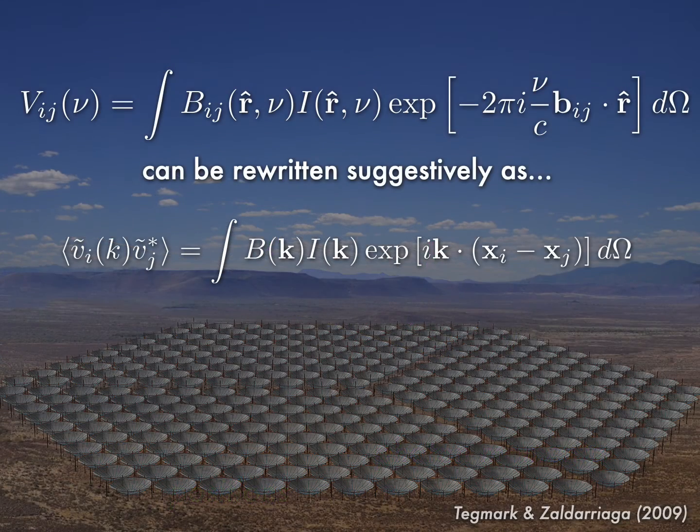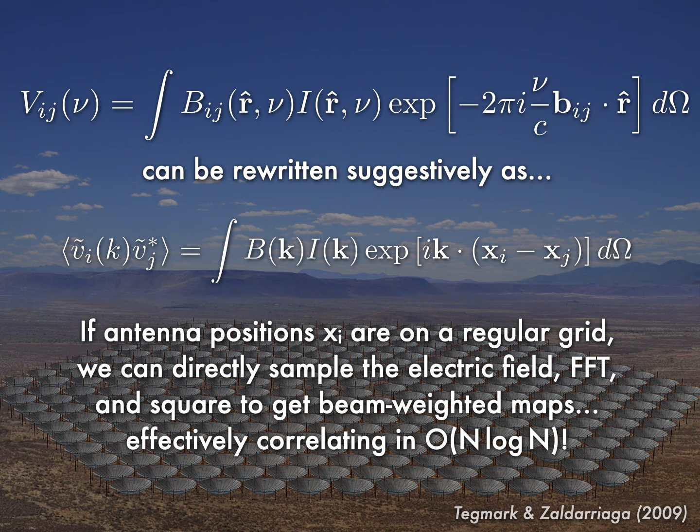So if you think about rewriting this visibility equation in terms of the Fourier transform voltages, it can be rewritten suggestively in a way that looks an awful lot like a Fourier transform. In particular, if your antenna positions are on a regular grid or a hierarchically regular grid, effectively you can directly sample that electric field and Fourier transform, or really use an FFT, and instead of O(n^2), where n is the number of antennas, you could do it in O(n log n).